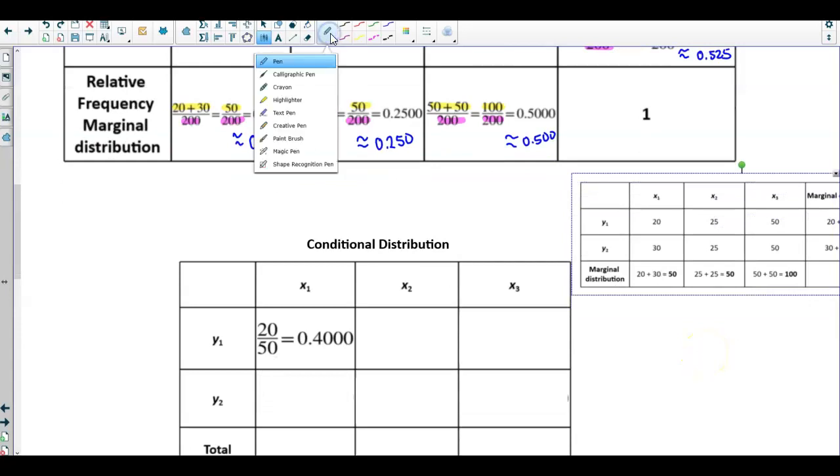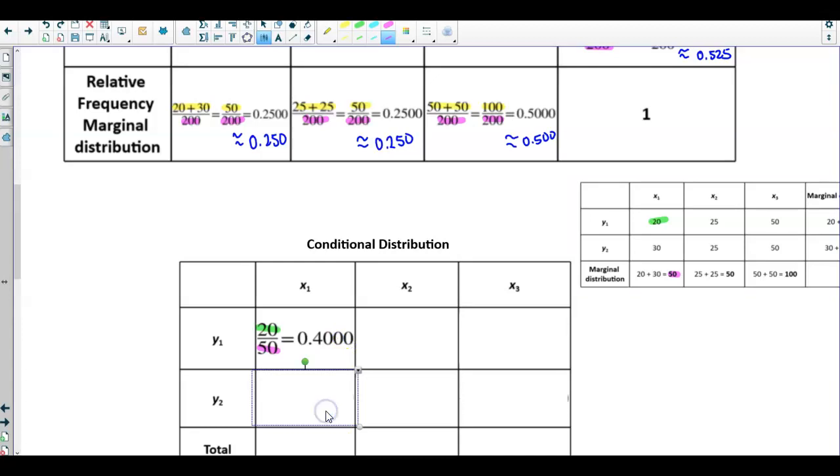So we're taking the value of 20 and dividing it by the total here of 50 to get 0.4000. Next, we take the next value, which is 30, and divide it by the column total of 50 to get 0.6000.